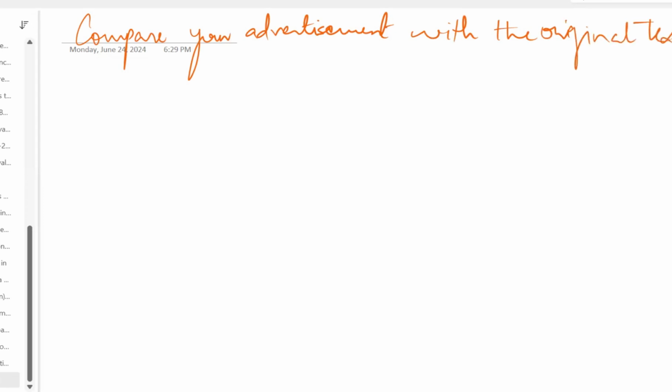Now we are going to compare the text with the original text, keeping in mind the form, structure, language. These are the three things which they've mentioned, but we are not going to stick to these things. There are sub things as well.